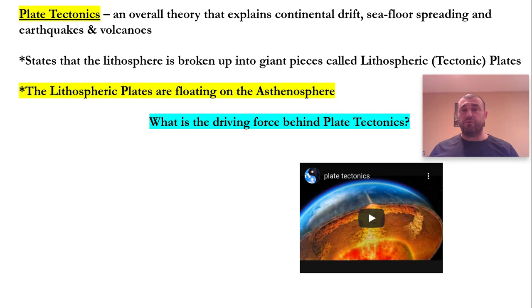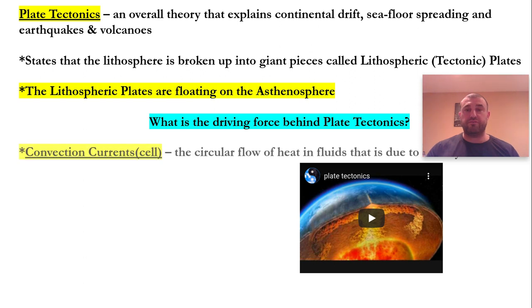Now, what's the driving force behind plate tectonics? So remember, Alfred Wegener couldn't come up with the force to move continents. And then we got these discoveries of the mid-ocean ridge and the trenches, which led to the seafloor spreading theory. And then what happened is we got heat readings. We already knew there were volcanoes and that it was probably hot down there, but we didn't know how much the heat was circulating.